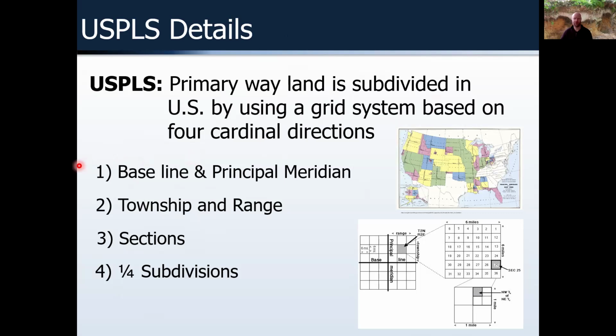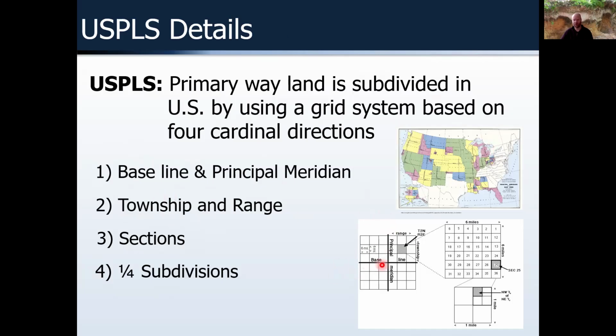Going through steps 1 through 4, as we've previously practiced, there's one principal meridian and only one baseline intersecting those named principal meridians. So there's only one intersection, if you will. Each principal meridian is named, like the Michigan meridian, for example, and there's only one baseline that intersects the Michigan meridian.